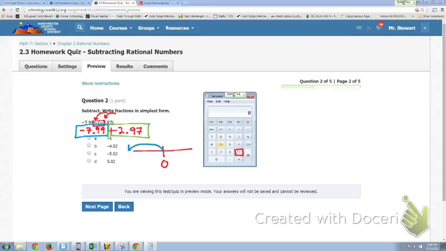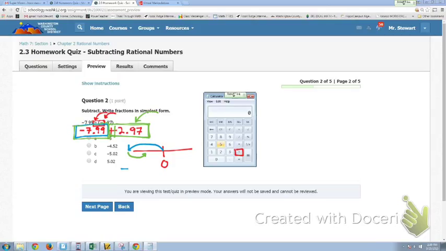That's a negative, so this is taking you in the negative direction. And once I look at the positive 2.97, this is going to take me in the positive direction, but it's only going to take me 2 and 97/100ths in the positive direction, which is not as far as the negative 7 and 99/100ths took me.